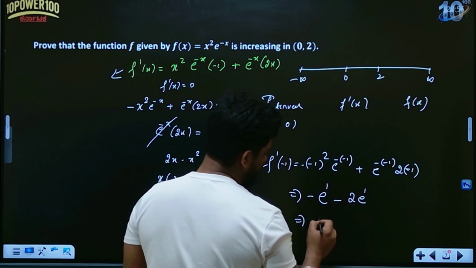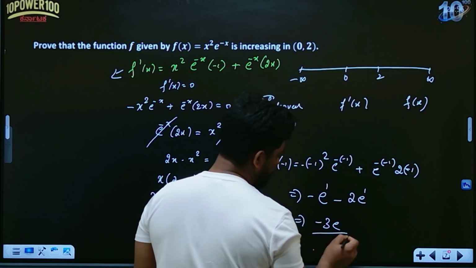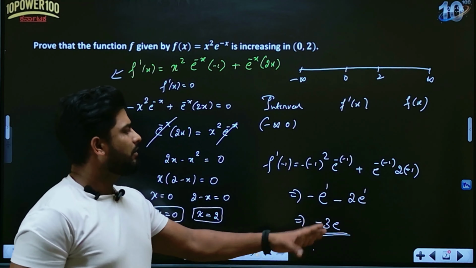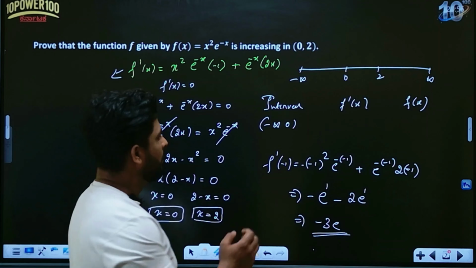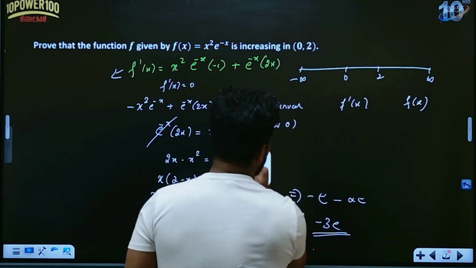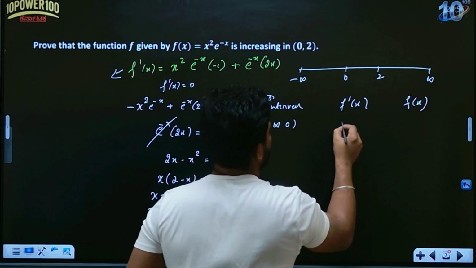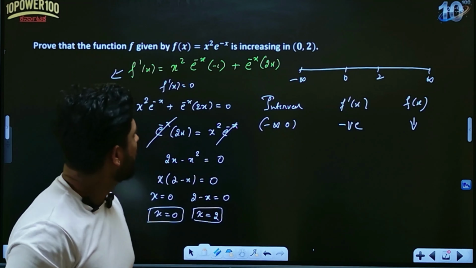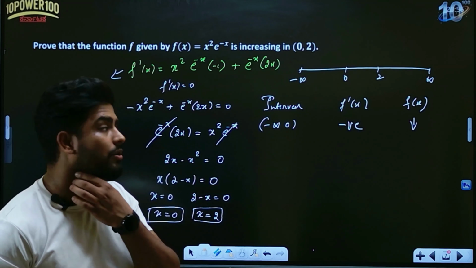So this becomes minus 3e, and minus 3e is negative, the value is almost 2.72 times minus 3, children. If you calculate what you get, it is negative. So in this region it is going to be negative. So we write f dash of x is negative, so f of x is decreasing. Understood?